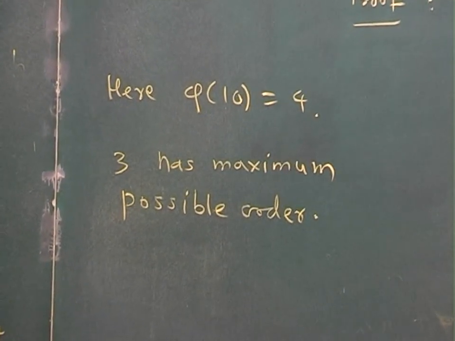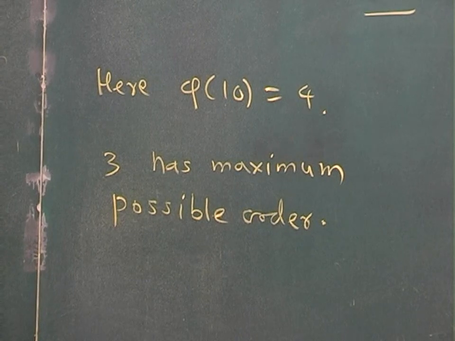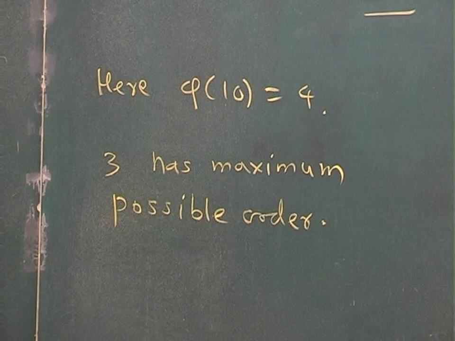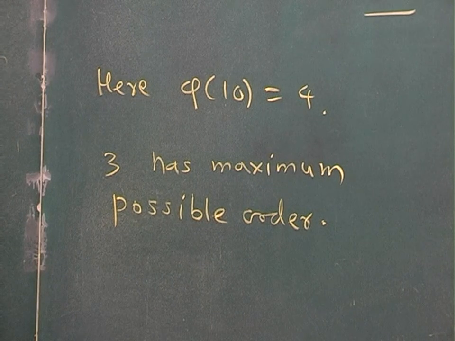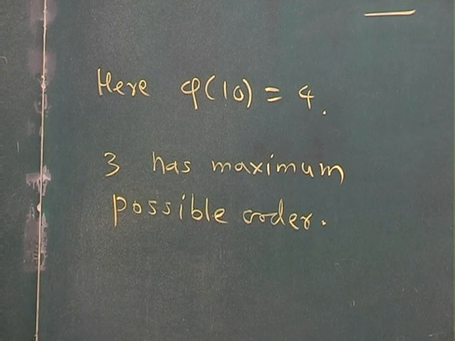And such an element which has maximum possible order is called a primitive root. Note that a raised to phi m is always 1 when a is coprime to m, so the order can never exceed phi of m. There may be some elements which attain this order, and these are called primitive roots.